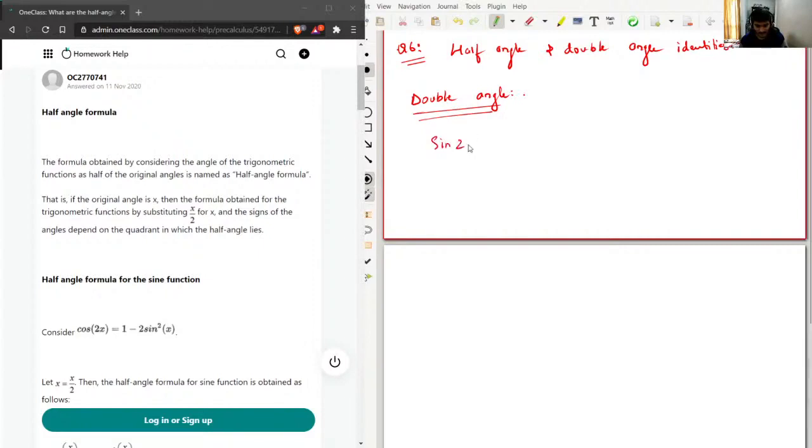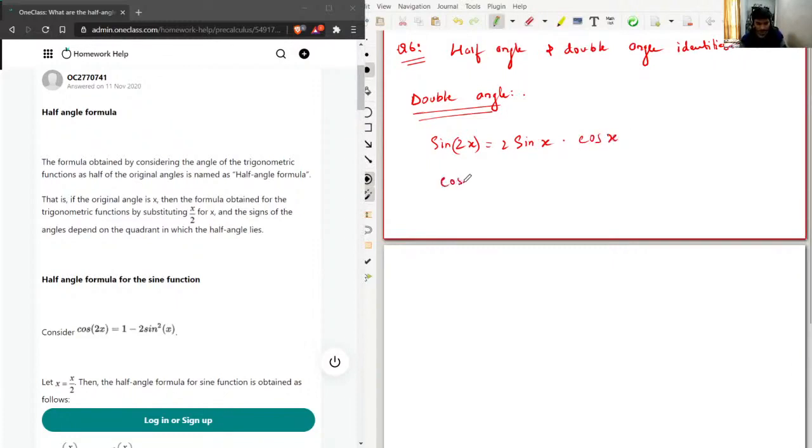So sine, let's say 2x. Again, if I have the trigonometric ratios for sine x, cosine x, and tangent x, then I can write sine of 2x will be, sorry, not sine square x, it will be sine x only, 2 times sine x times cosine x.